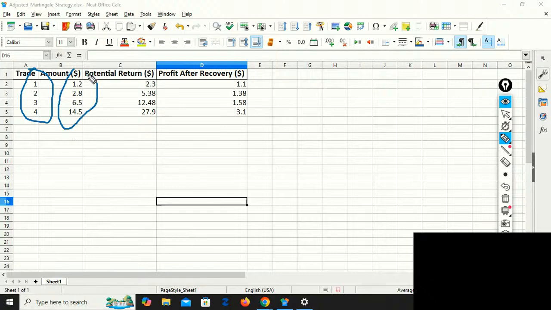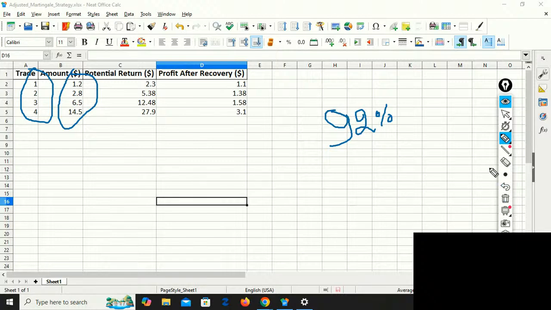First trade $1.2, second 2.8, third 6.5, and the fourth is 14.5. You should strictly use pairs with a 92% payout. Okay, so this is your cycle. Cycle 1 has 4 trades, and these are your 4 trading amounts, potential return, and the potential profit after recovery.